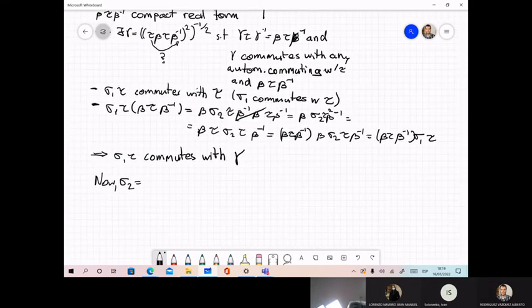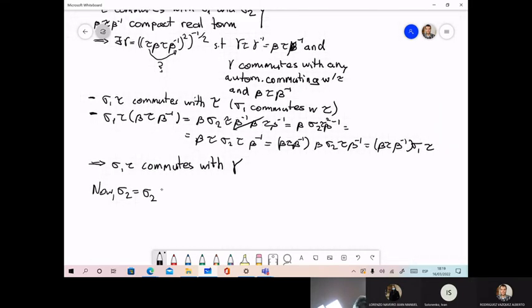But now we have the following. Sigma 2 is just sigma 2 tau squared, which is beta sigma 1 tau beta minus 1 tau.